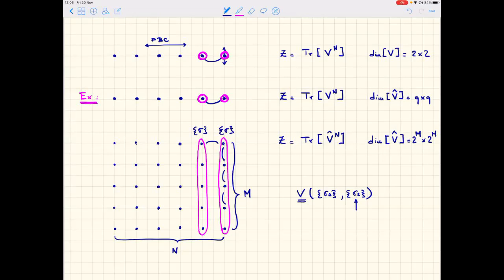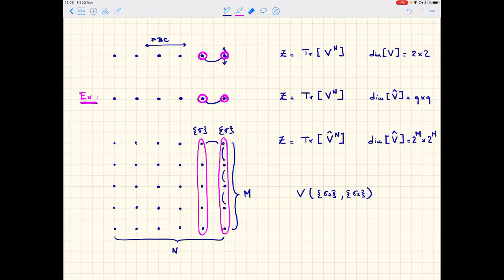Look, the matrix V, the transfer matrix in this case, is going to be a matrix that has as indices the configurations of the columns. Okay?